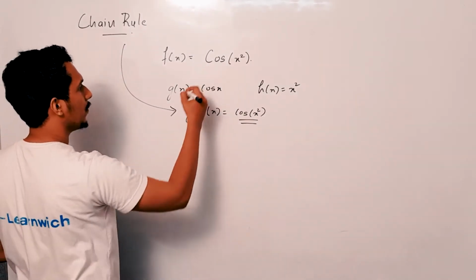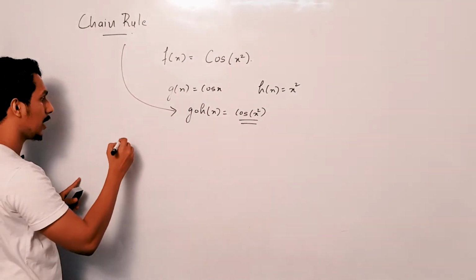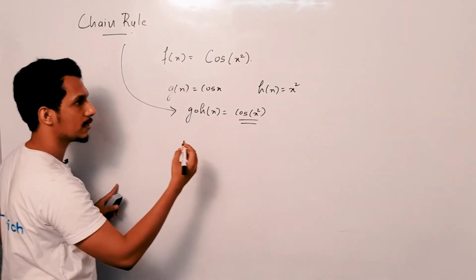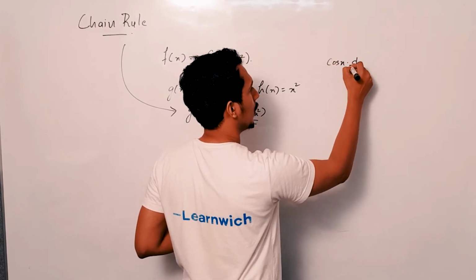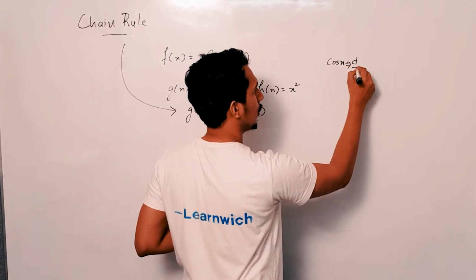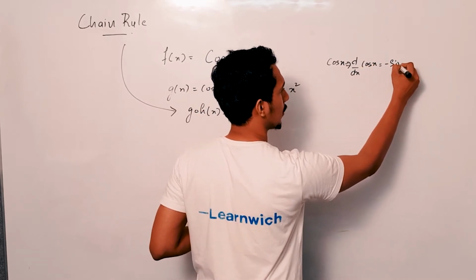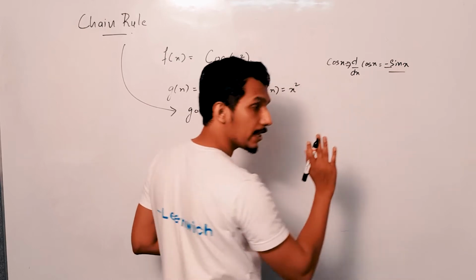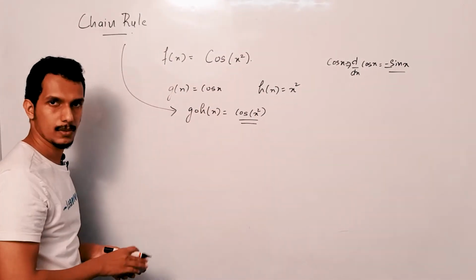Let's see. We don't know how to find the derivative of cos x square, but I know how to find the derivative of cos x. If cos x was given, then d by dx of cos x will be minus sin x. This I have already learned, but cos x square I don't know how to do.